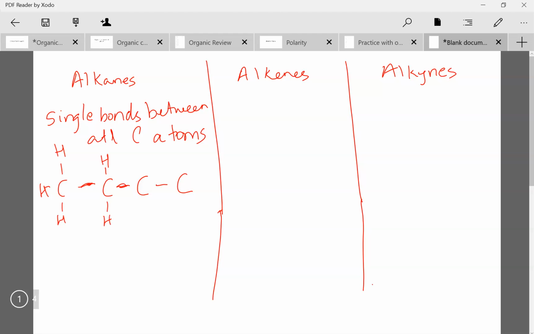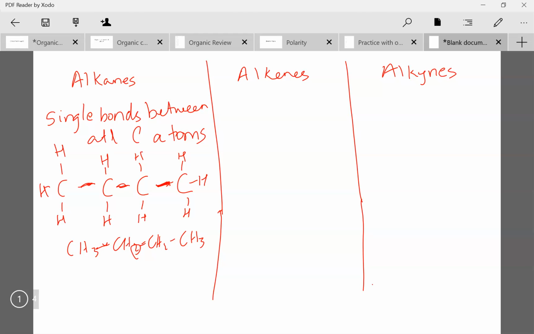This carbon has 2 bonds, so 2 bonds to hydrogen. This carbon has only 1 bond, so 3 bonds to hydrogen. Another way you can write this is just CH3, CH2, CH2, CH3. You just put the number of hydrogens, and you can know what this number is by looking at how many bonds carbon has and then subtracting that number from 4, because each carbon has to have 4 bonds.